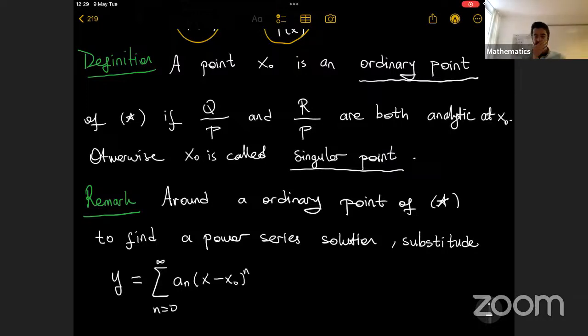So x0 is an ordinary point of the equation. Then you take this power series and substitute it into the equation, and by doing this you can find the coefficients a_n. That means you will find the solution in power series form. We will do an example next time in class and find the power series solution.